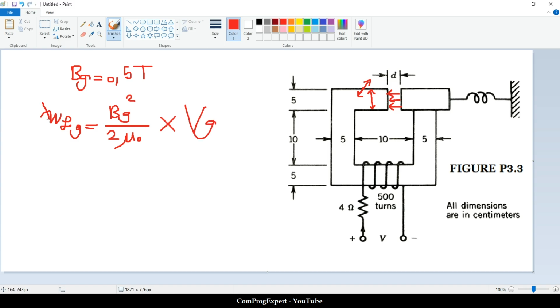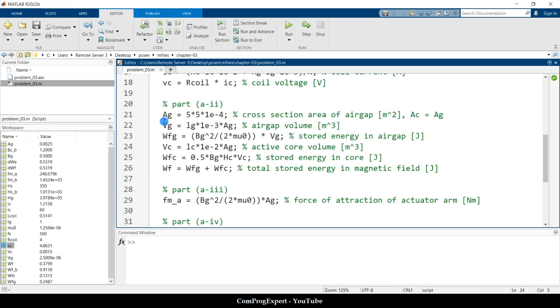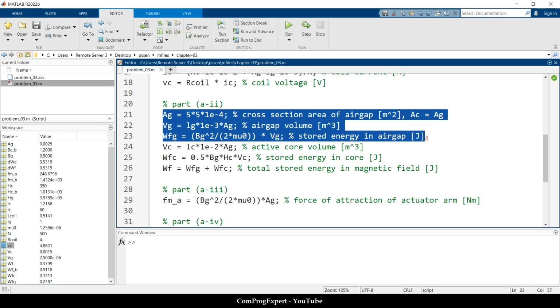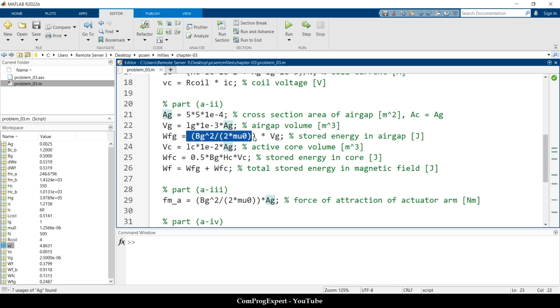So in this case, we have the energy in the air gap, and the unit is joule. This is the energy density and this is the volume of the air gap. I implemented these equations here.